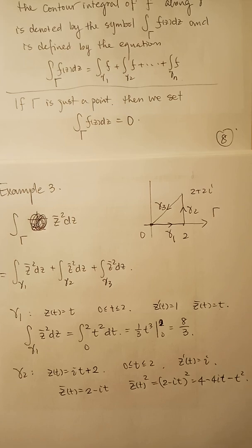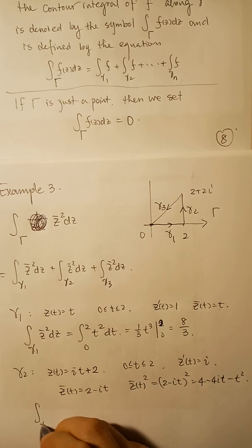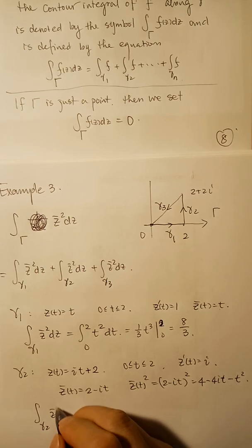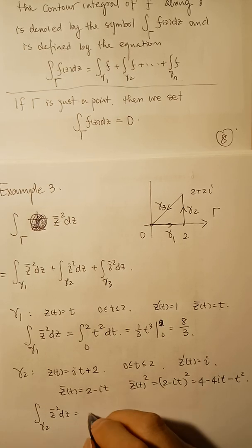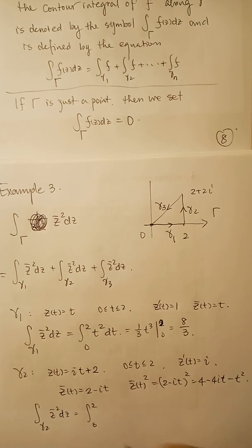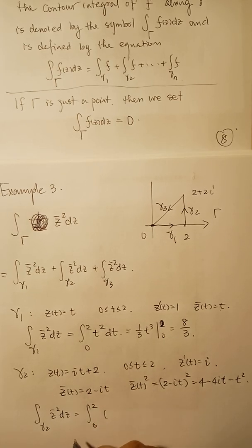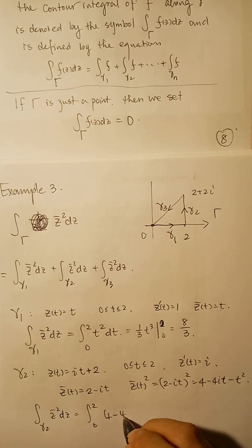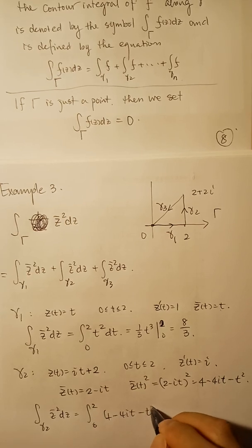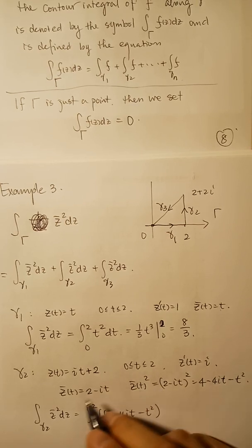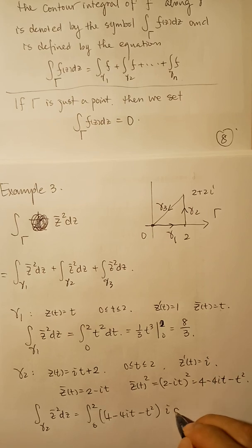Right? Okay, let's just do the integral. The integral along gamma 2 of z bar squared dz is, from 0 to 2, 4 minus 4it and minus t squared, and times i and dt.